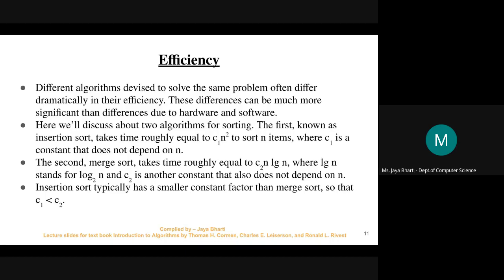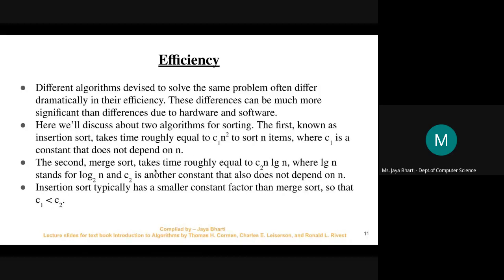Here we are going to roughly assume that insertion sort takes C1 n square time to sort n items, where C1 is a constant that does not depend on n. N is the number of inputs.